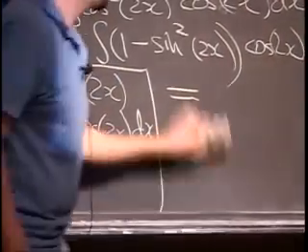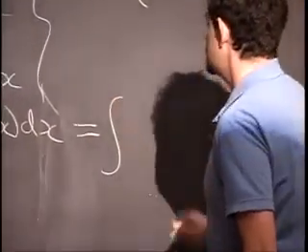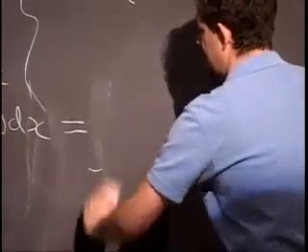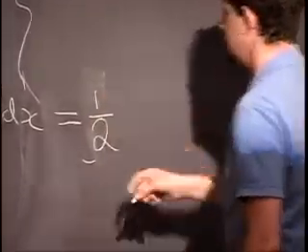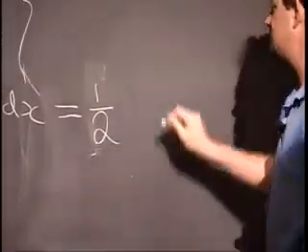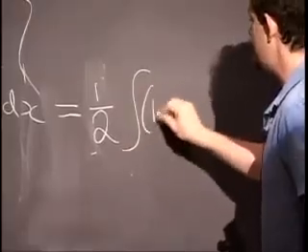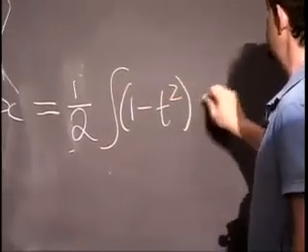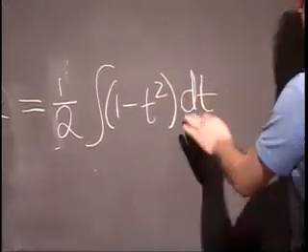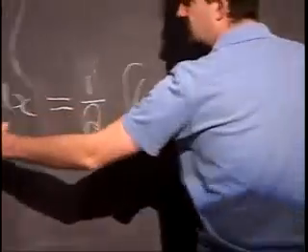Actually, I don't need to squash it down here. I'm just going to keep working across here. So I'm going to have 1/2 that comes from the dt. Careful of that. That's really essential. You get 1 minus t squared dt. Once again, dt over 2 is cosine 2x dx.